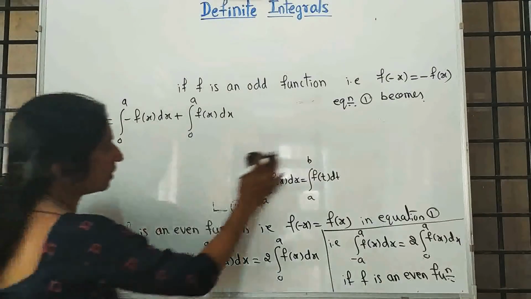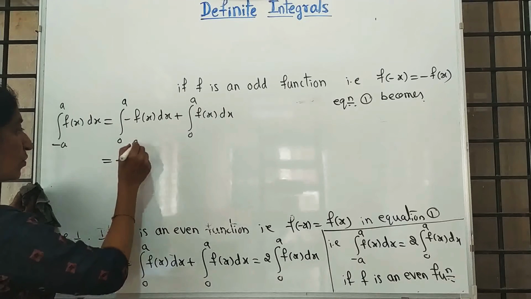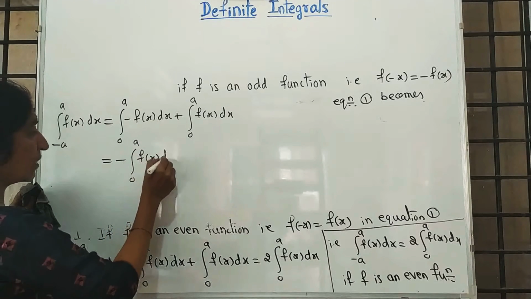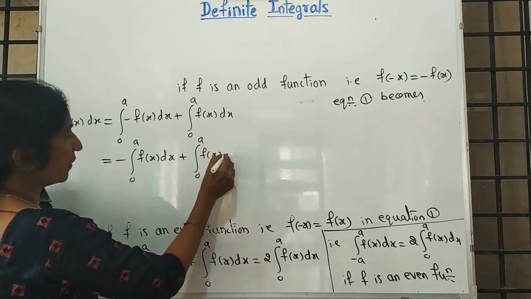See, that minus comes outside. It is minus integral from 0 to a, f of x dx, plus integral from 0 to a, f of x dx.